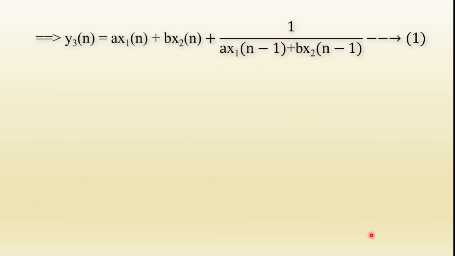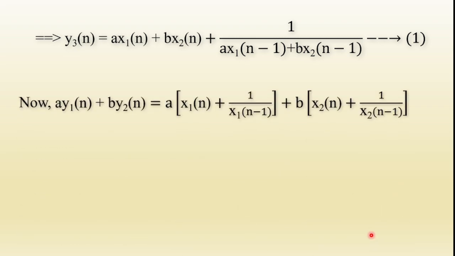And now calculate. What is the linearity property statement? Transformation of a x1 of n plus b x2 of n is equal to a y1 of n plus b y2 of n. So next calculate a y1 of n plus b y2 of n. The y1 of n and y2 of n values are already calculated.